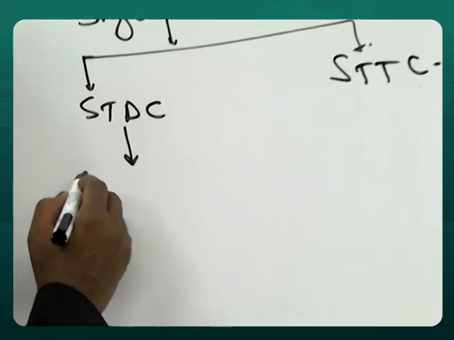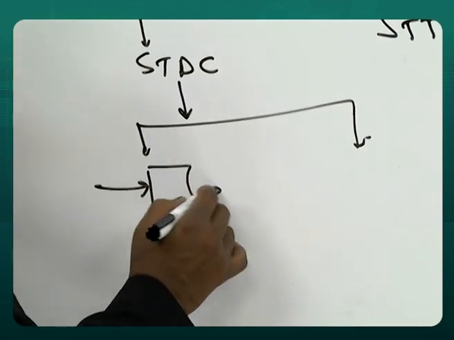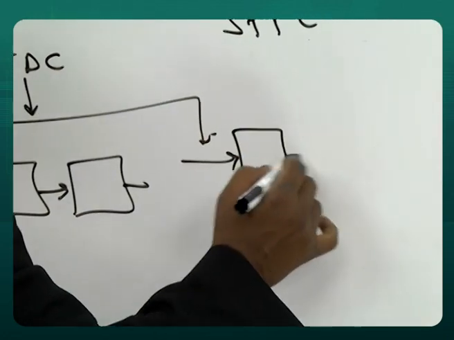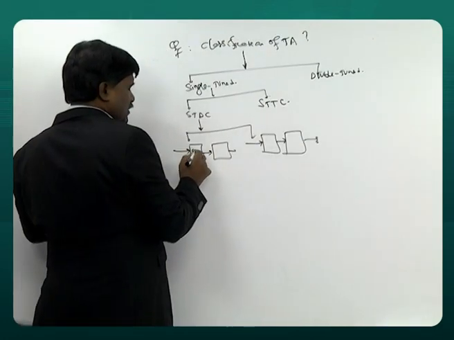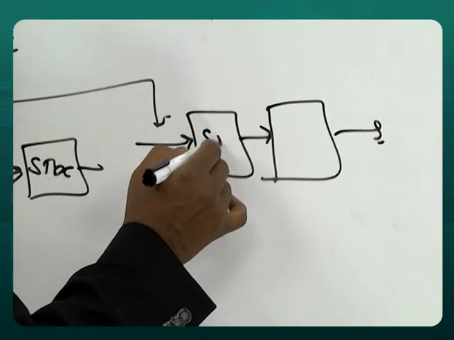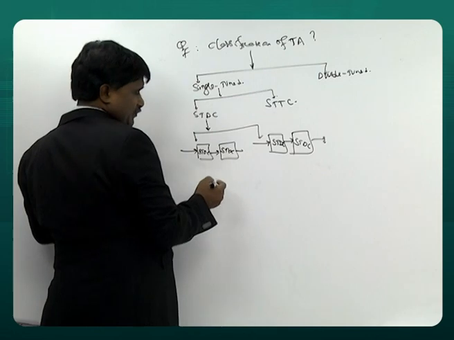Single tune direct coupled is again two types. Both are direct coupled.